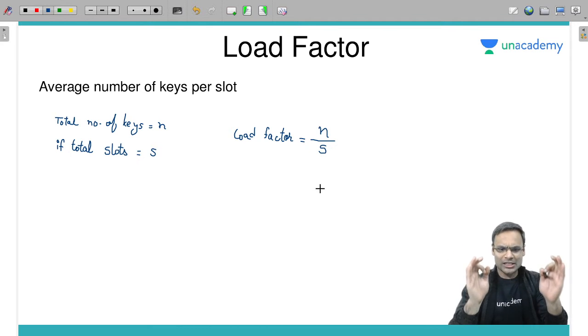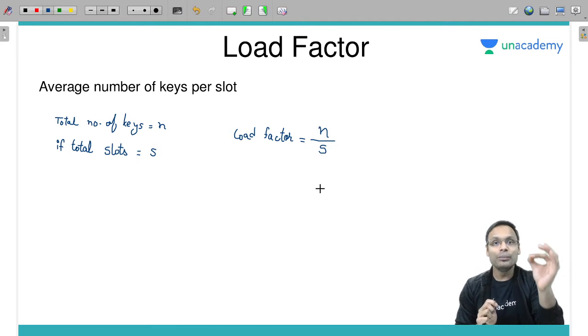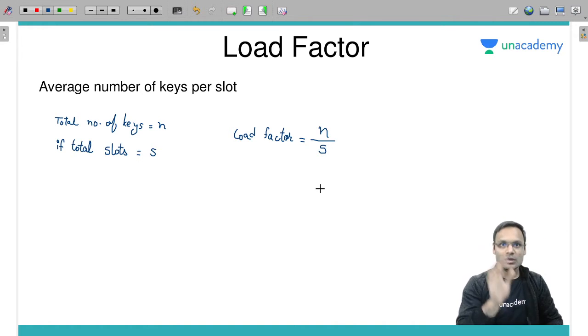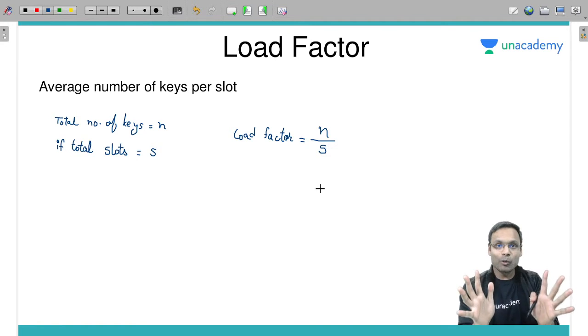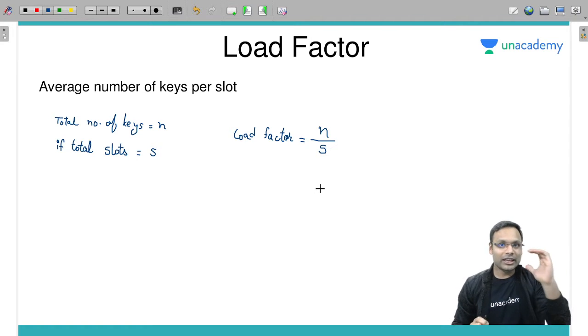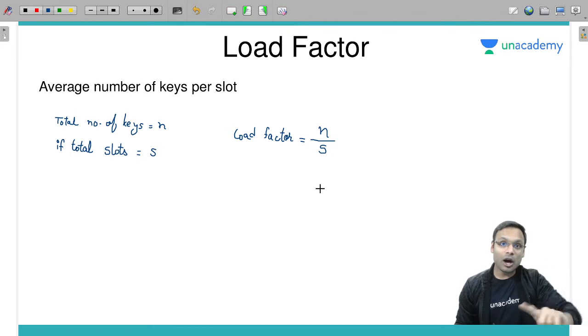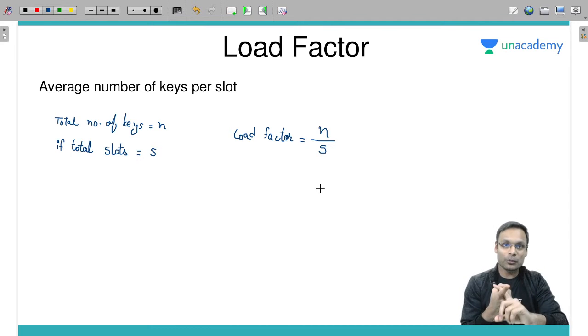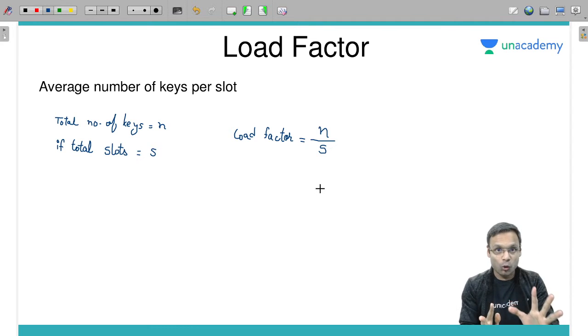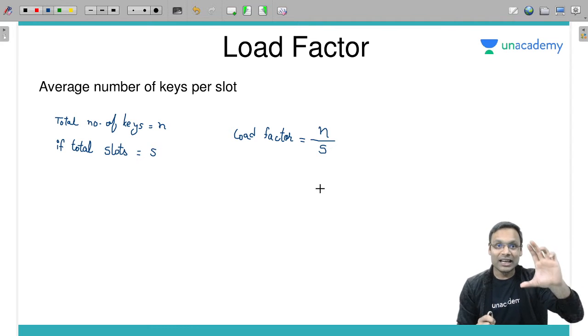Now few questions I'll be asking, you need to give me the answers. Suppose you have s number of slots, s equal to let's say 10 slots in a hash table. Can you store more than 10 keys in open addressing, linear probing, quadratic probing, double hashing, random probing? Can you store more than 10 keys in the hash table of 10 size?